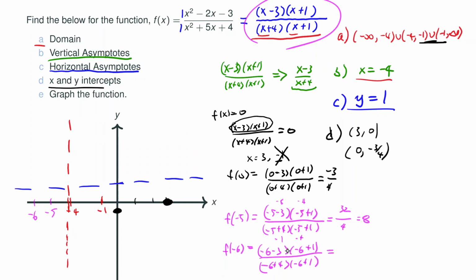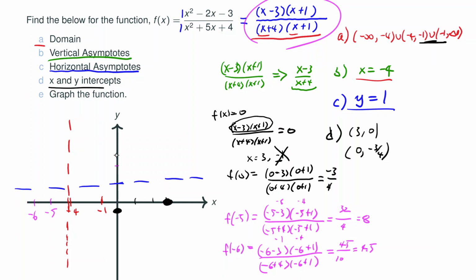This is -9 times -9 times -5, which is positive 45. -2 times -5 is positive 10, which is 4.5. So that means that when x is -6, it's 4.5.